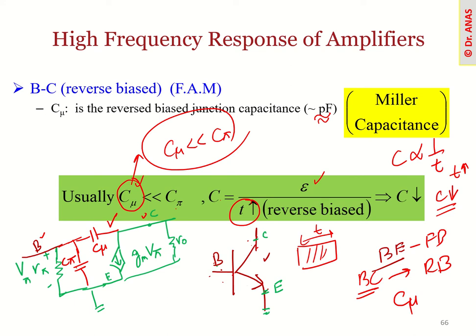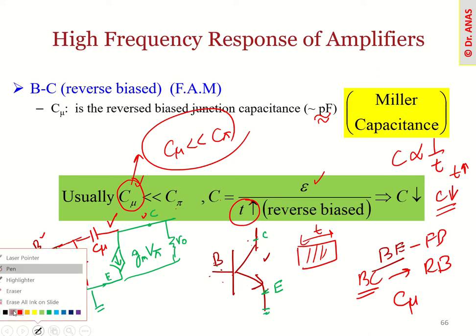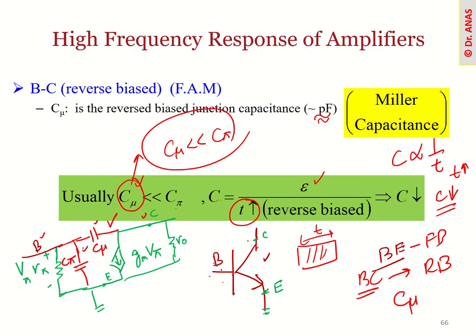Now we get this hybrid pi model, and earlier we learned that if we don't have these two capacitances, we can easily analyze the AC small signal circuit of the amplifier and get the frequency response.